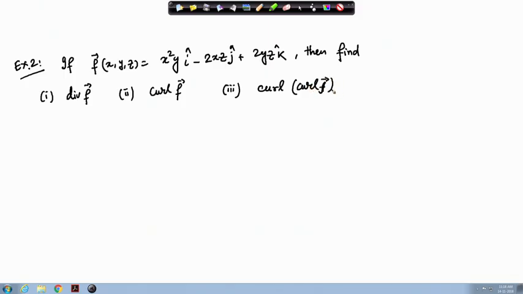The thing is, the curl of a vector function is again a vector quantity. So, we can talk about its curl again. Unless the quantity is a vector function, we cannot talk about its curl. But if it is a vector function, then we can always talk about its curl, and that is what is happening in this case.